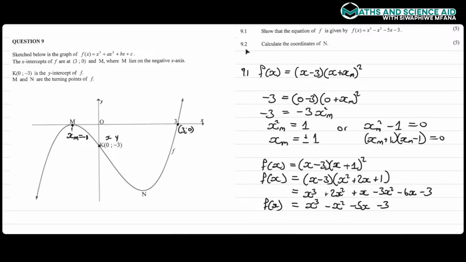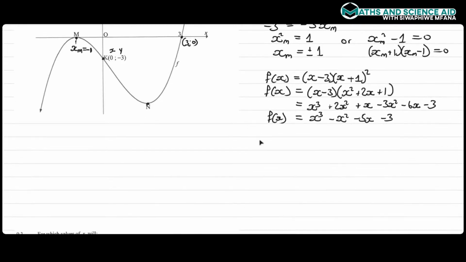And now the second question here, 9.2, is simply requiring us to calculate the coordinates of n, which is the second turning point of this cubic polynomial. So right now we do know the complete equation for f of x. So we know that to find the turning point, we need to work out the derivative of f.